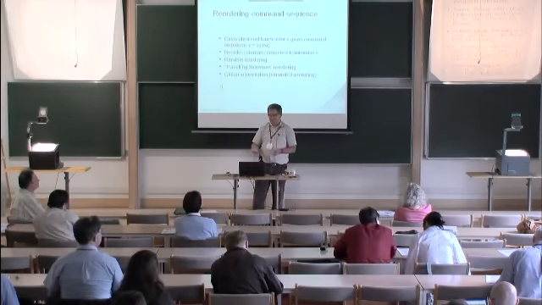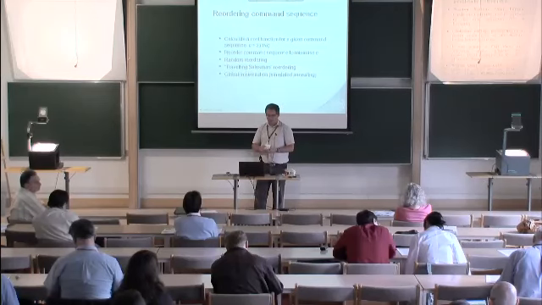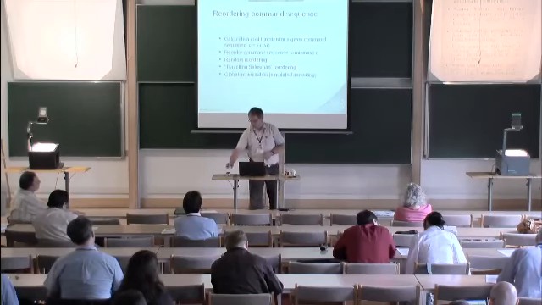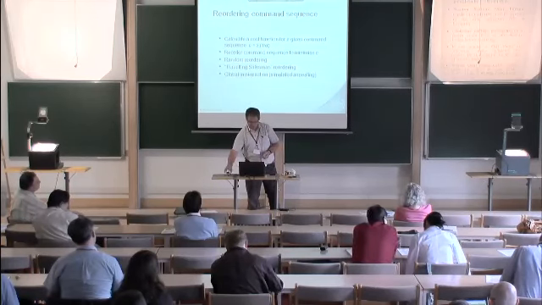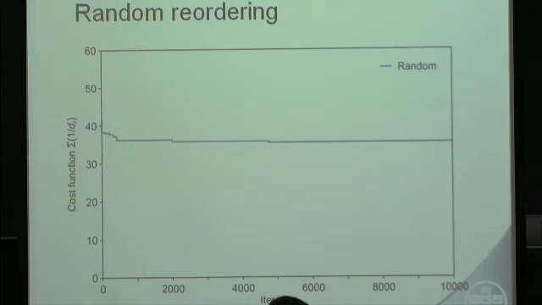And finally is to apply a global minimisation technique using those efficient reorderings to try and achieve the minimum cost function that we can. So just randomly shuffling the command sequence, we don't do very well in reducing this cost function. We've got many thousands of iterations, and as you can see, the cost function isn't reducing very much at all.